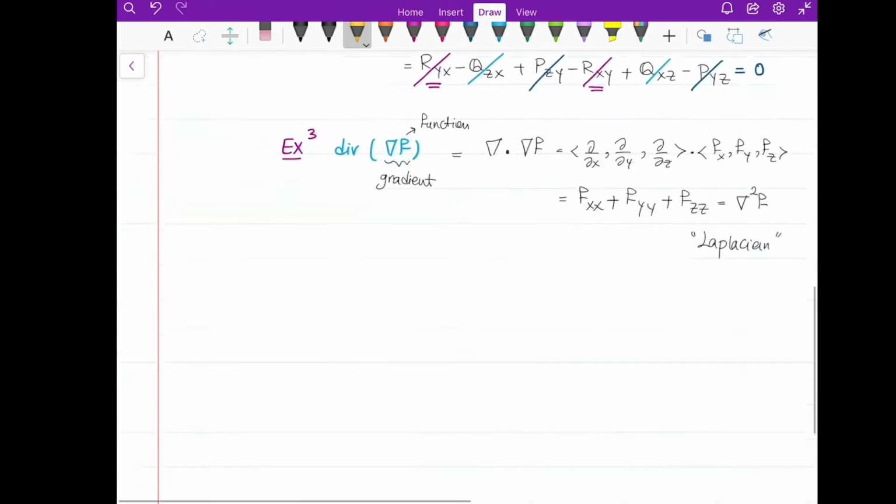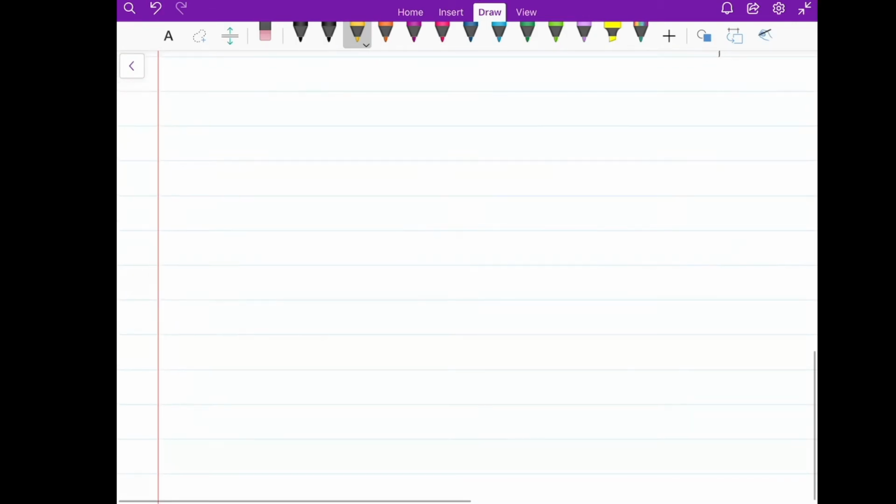Now let me give you just one small note about the divergence, and I'm going to say a little bit about the physical interpretation. Let's take F as the velocity field of a flowing fluid.